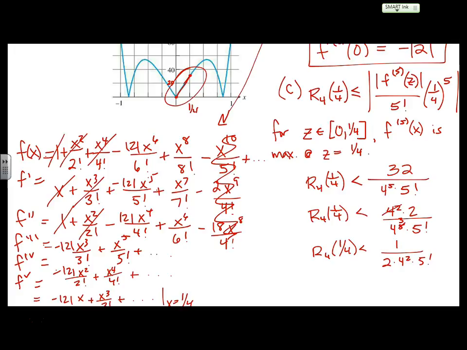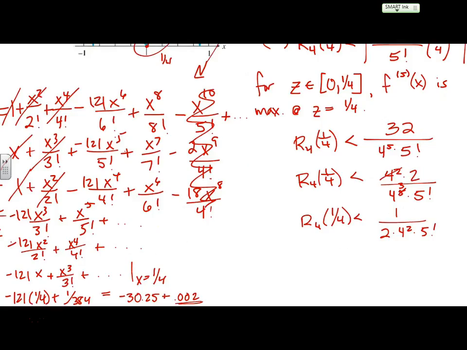True? Yeah. Then 4 squared is 16, 16 times 2 is 32, and 32 times 120 is a little bit easier, right? Just for sake of time, even though I'm sure you could do it. You would have 1/3840.